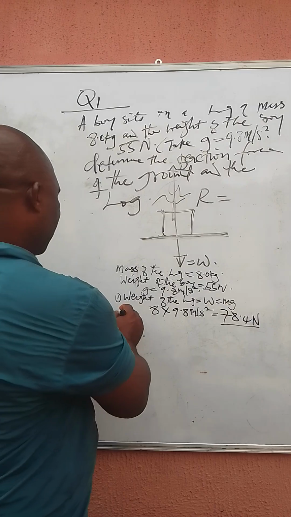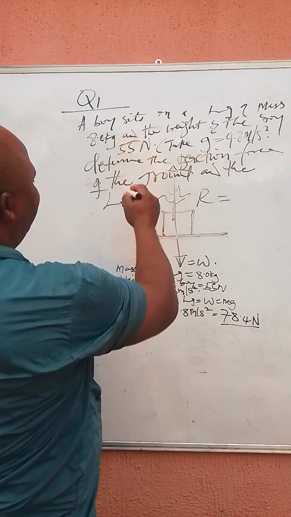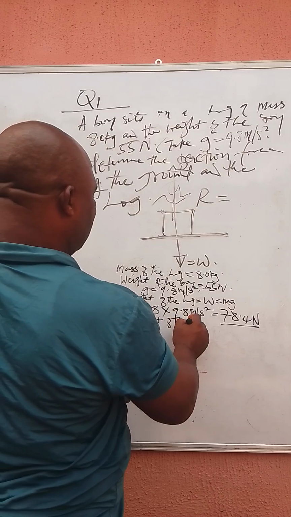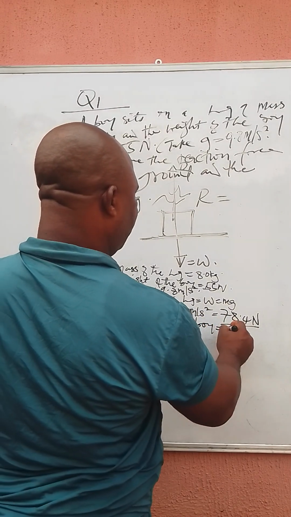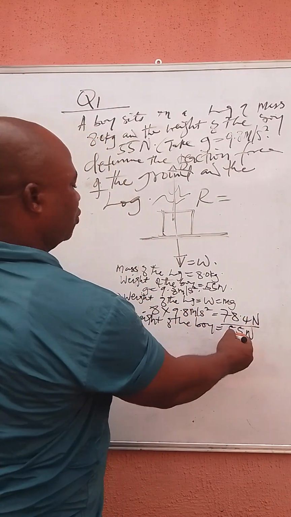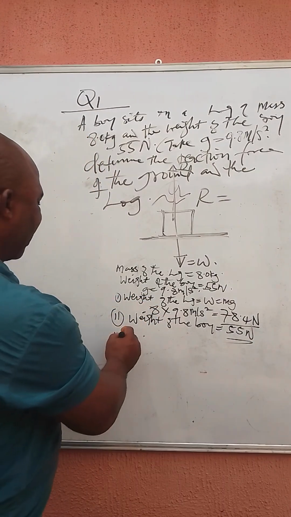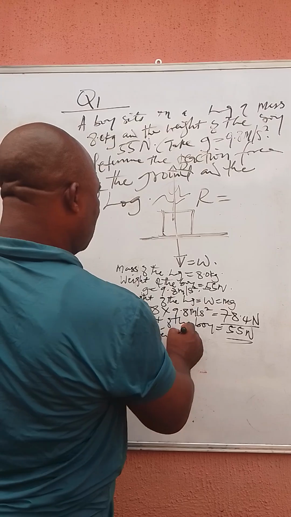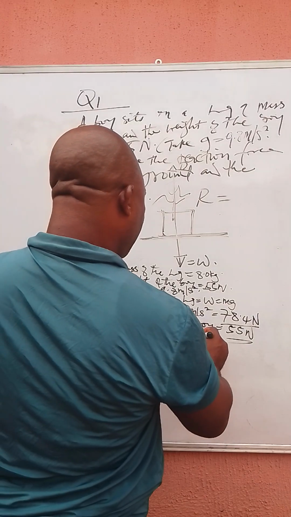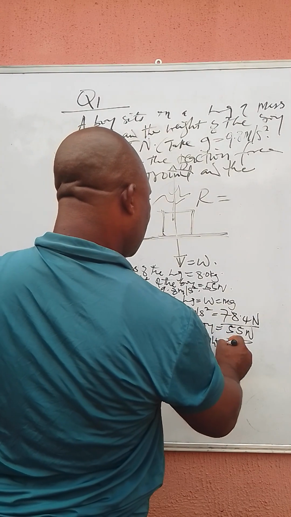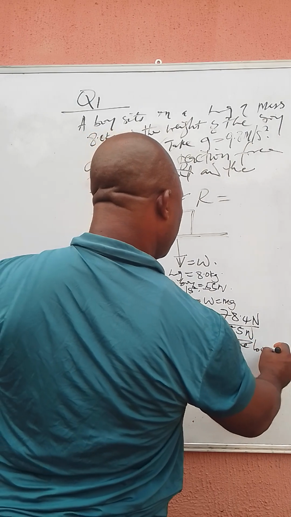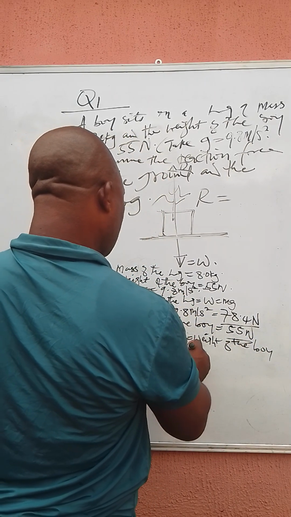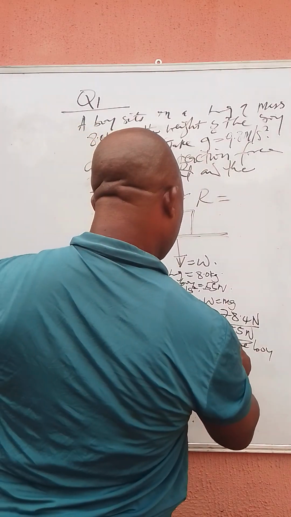Now, recall, we are given that the weight of the boy is 55 Newton. Total weight will be equal to weight of the boy plus weight of the log.